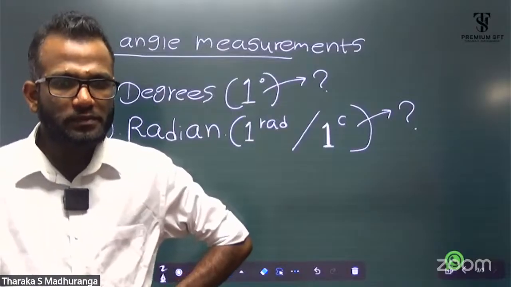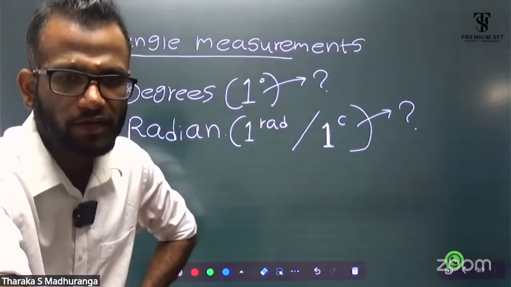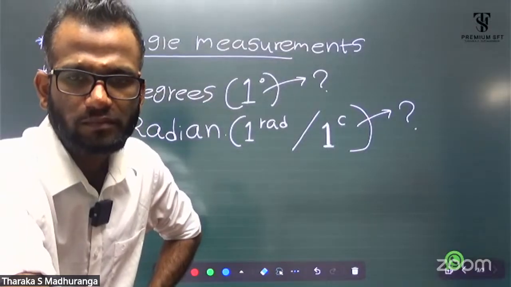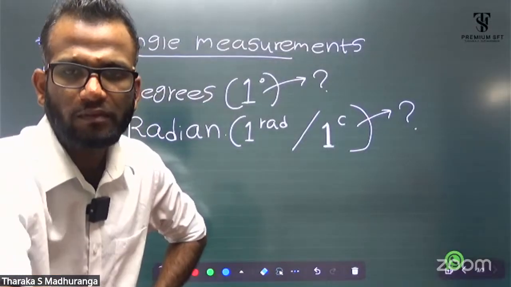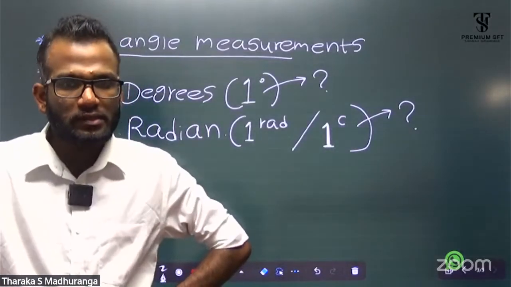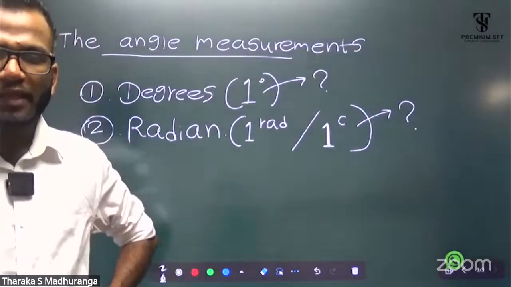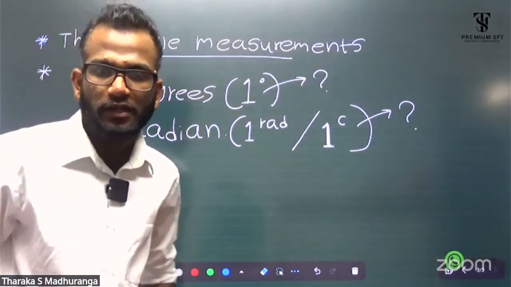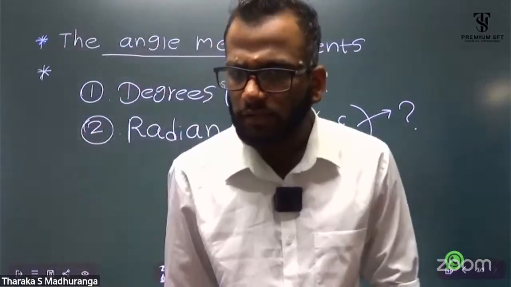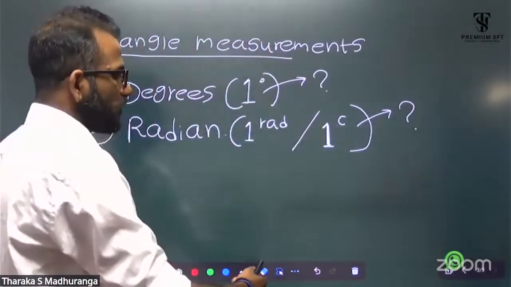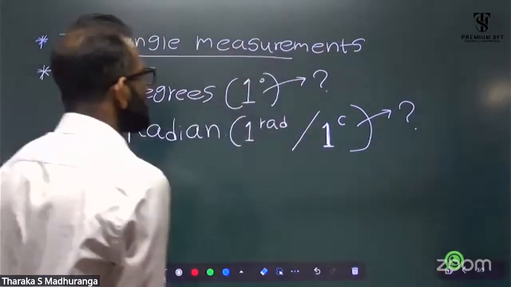Fatima? What's the meaning of 1 radian? Yes, very good. The angle subtended at the center of a circle, for which the radius and the arc length are equal. Yes, this is the 1 radian.